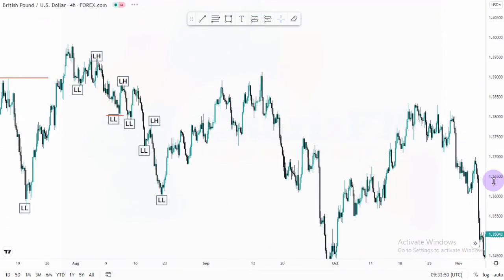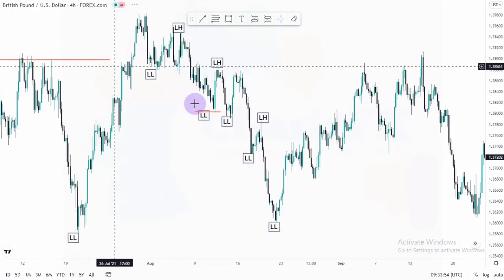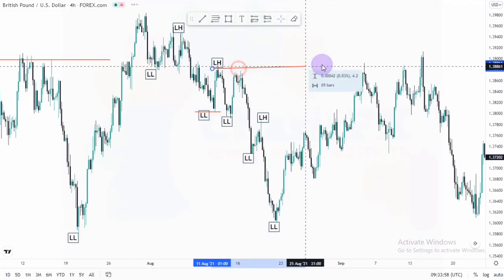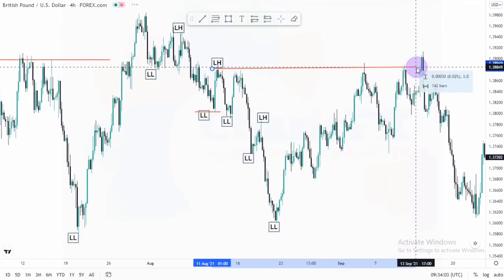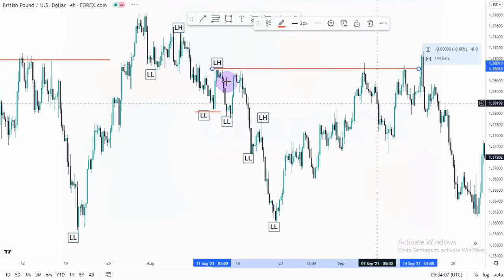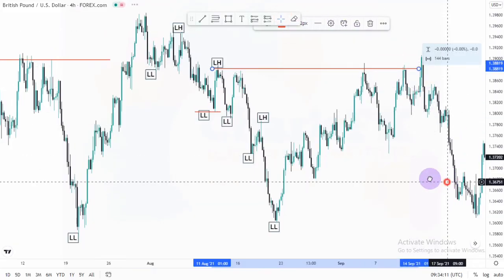Now again, this is a run on liquidity above the buy stops residing here, relative equal highs. Price went directly and took out the liquidity residing above these equal highs, and price continued bearish.